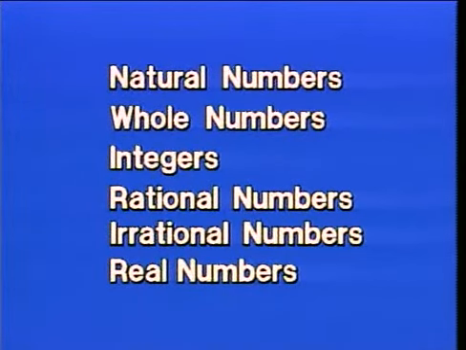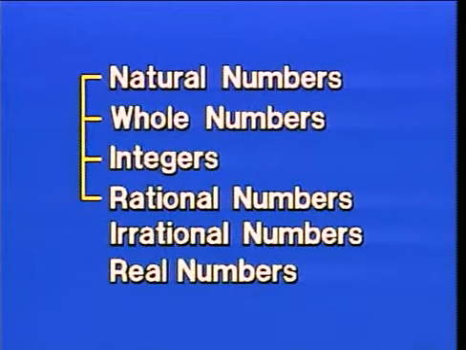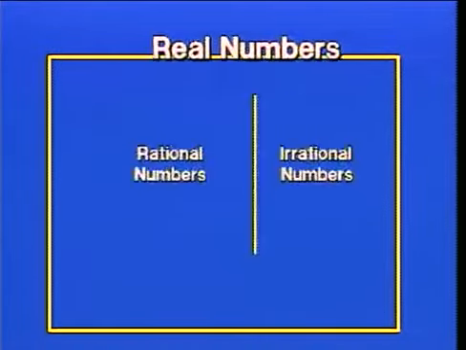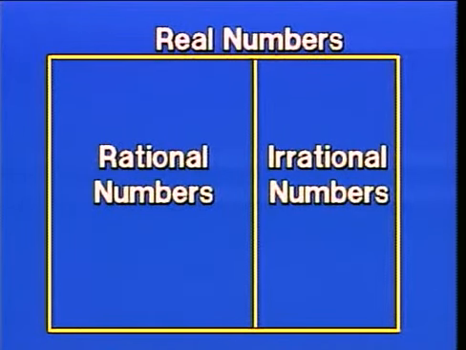We know that several of these sets are directly related. That is, we talked about natural numbers, whole numbers, integers, and rationals as having a particular relationship. We have this subset relationship among these various sets. Now, to put this all in perspective, think about this box as containing all of the real numbers. Real numbers are composed of rational numbers and irrational numbers, and those two sets have no members in common.